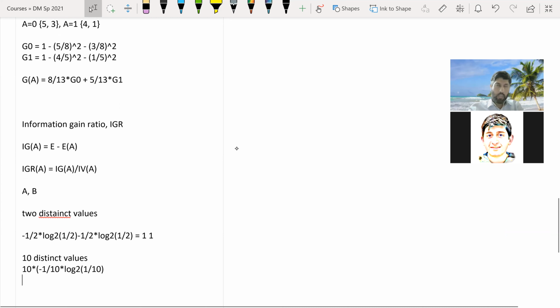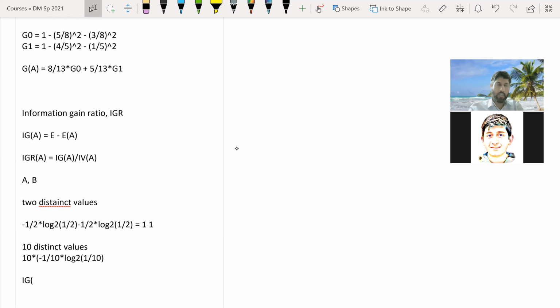Okay? So when we compute the information gain ratio IGR of A, we take IG of A divided by IV of A. And similarly IGR of B is IG of B divided by IV of B. Okay?